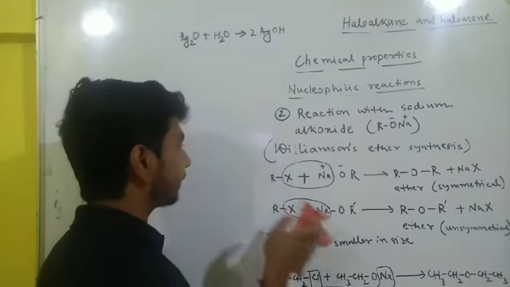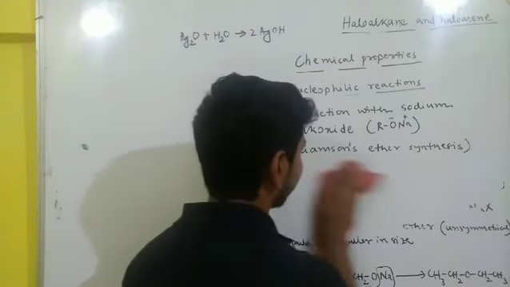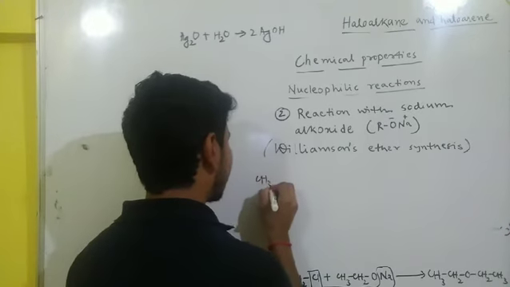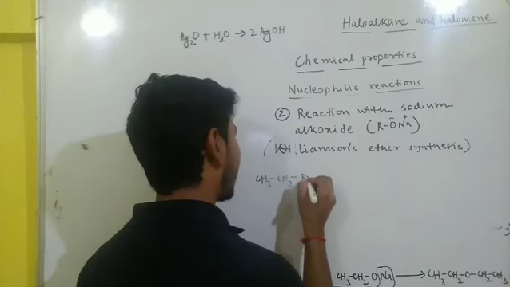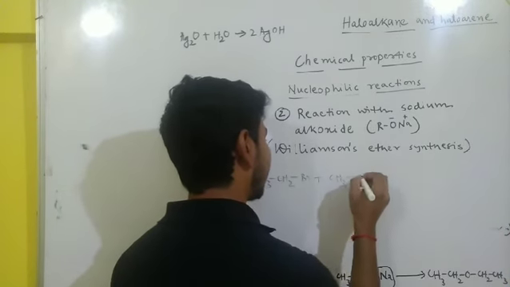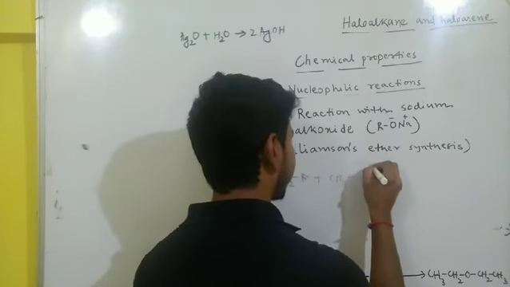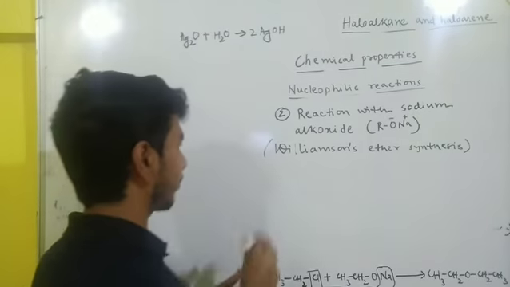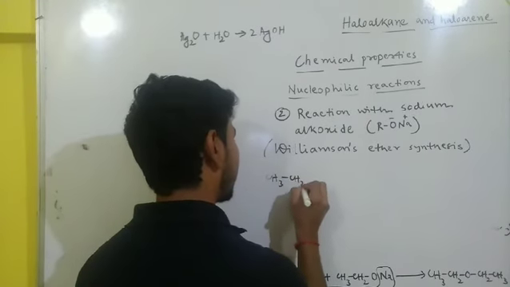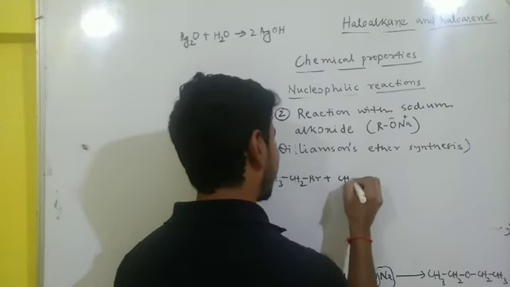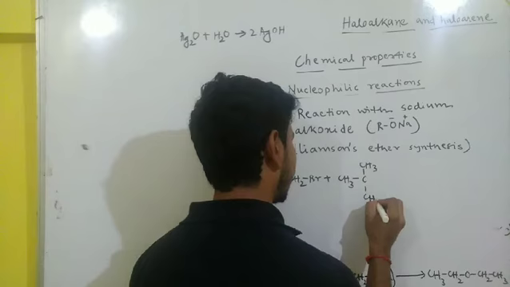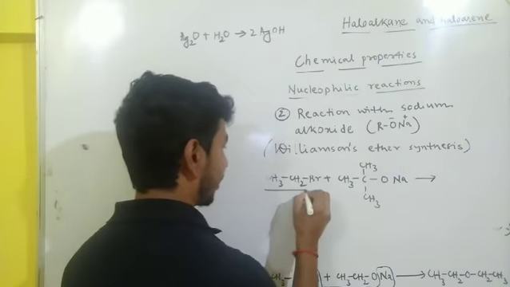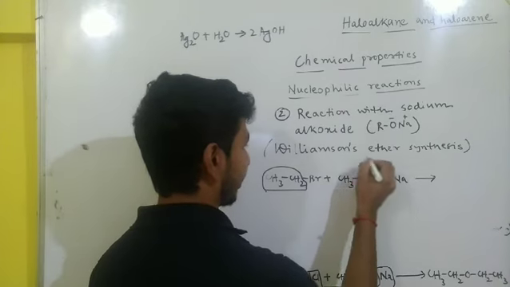Next reaction: CH3CH2Br plus (CH3)3CONa. So this part is R and this part is R dash.